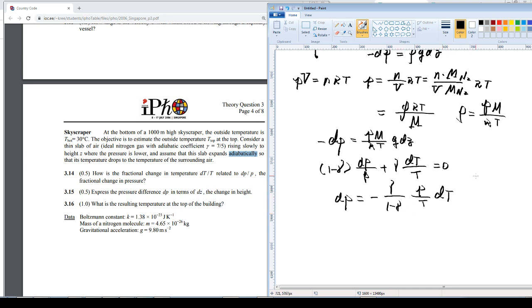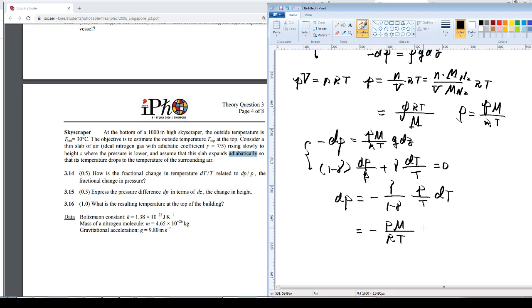Okay. We don't really want P, so we use the density formula again. But let's see, maybe P will cancel out. So we can just plug this into the second one, and the P will cancel out. T will also cancel out.